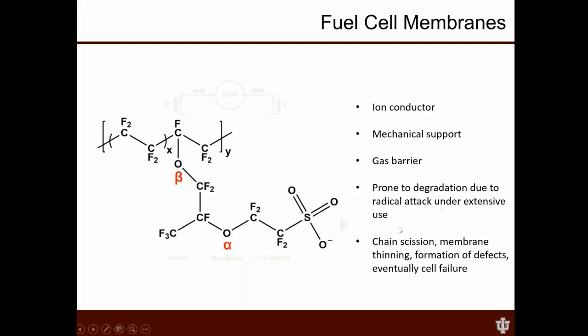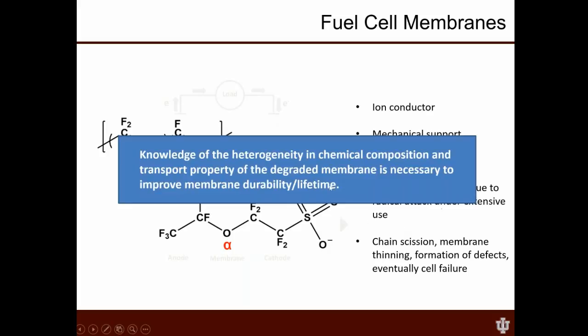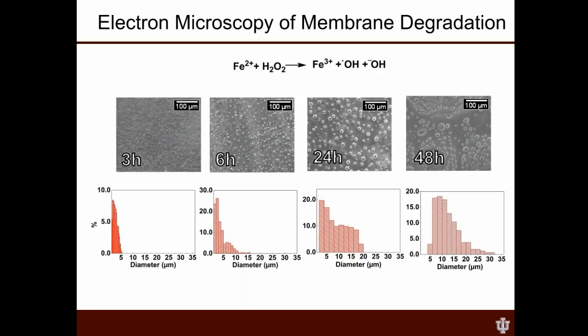Naphthalene, though, is prone to degradation due to attack from radicals. And so understanding the heterogeneity in the chemical composition and transport properties of a degraded membrane is necessary to improve these membranes and how they function. So we performed a study where we intentionally added hydroxide radical species through Fenton's reaction.